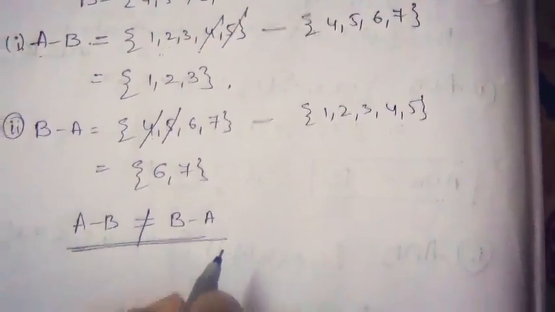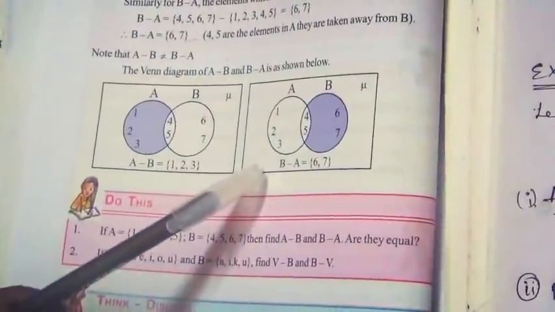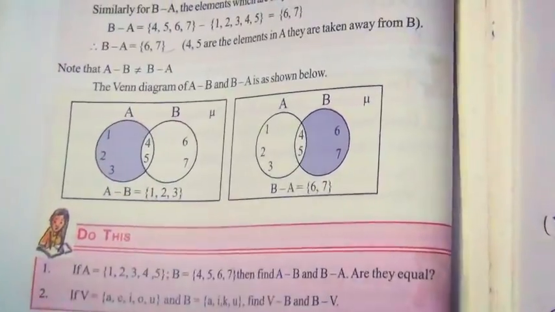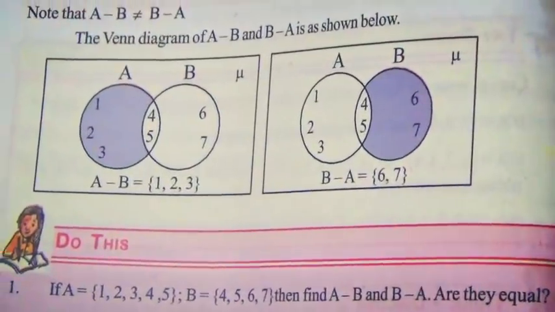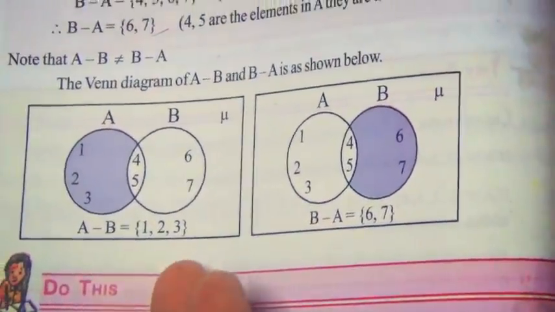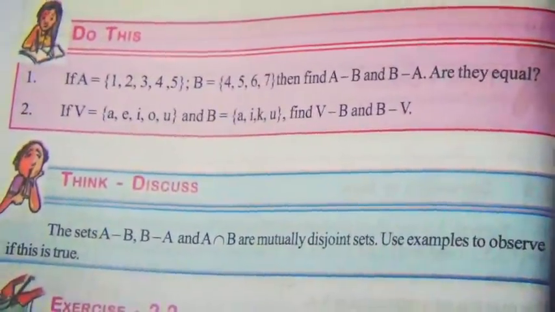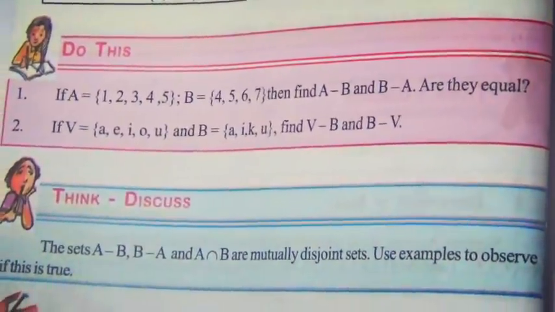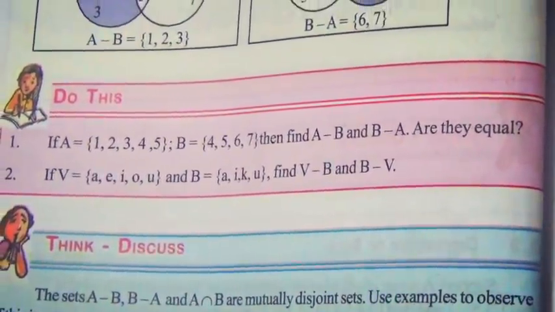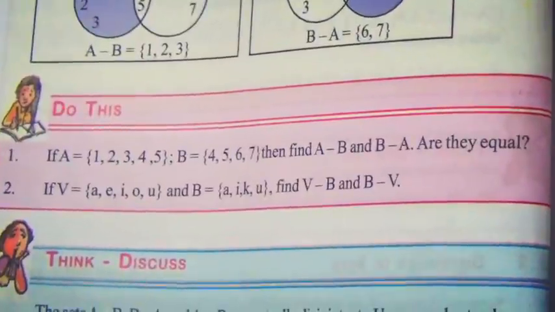Okay. From the Venn diagram also he did this sum. Just look here. There is no need to write this sum when using the Venn diagram, but check it once. Okay. Next, do this in the same pace, page number 38.